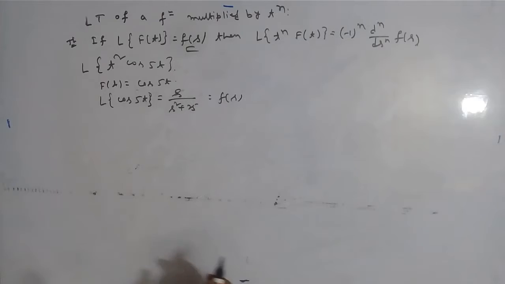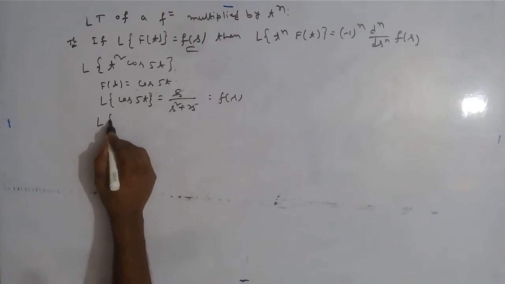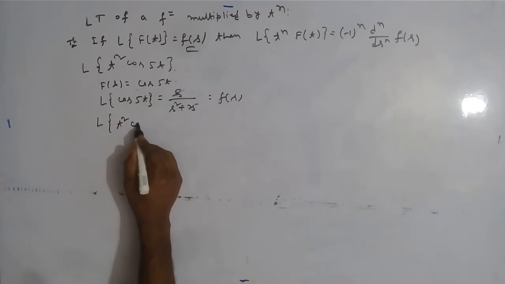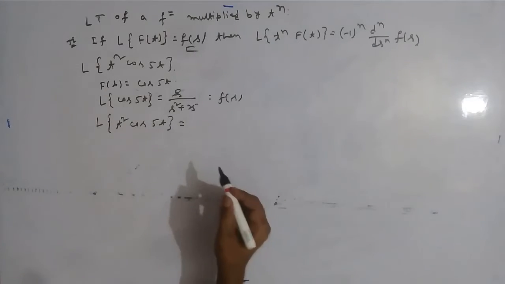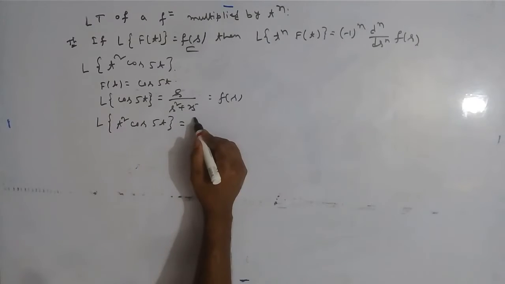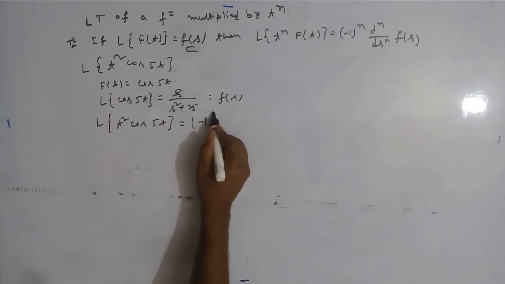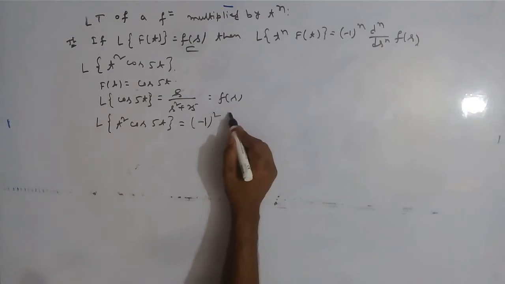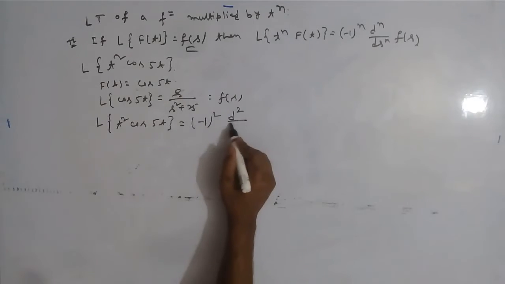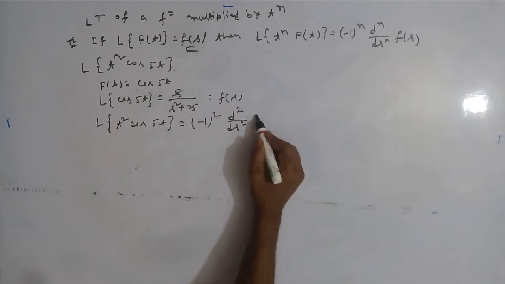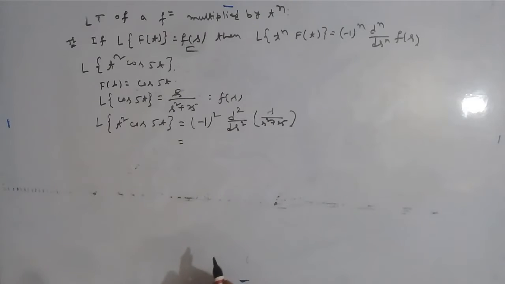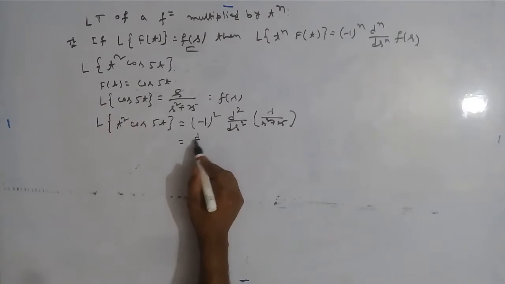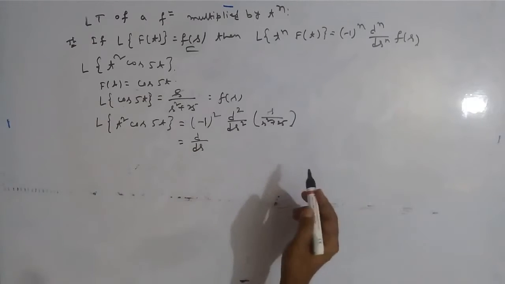Now cos 5t has been multiplied by t square, so here the value of n is 2. So the Laplace transform of this function will be (-1)^n, that is (-1)^2, which is plus 1, times the second order derivative of F(s), that is of s by s square plus 25. We have to differentiate this 2 times.